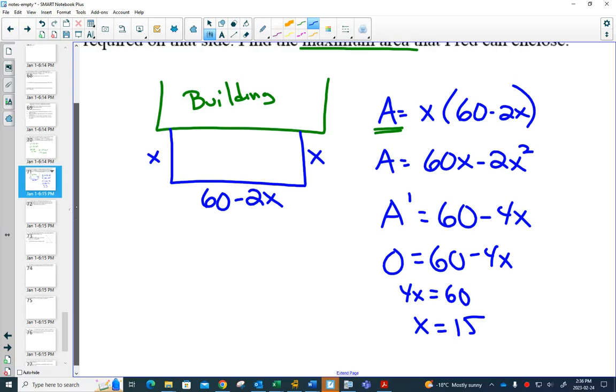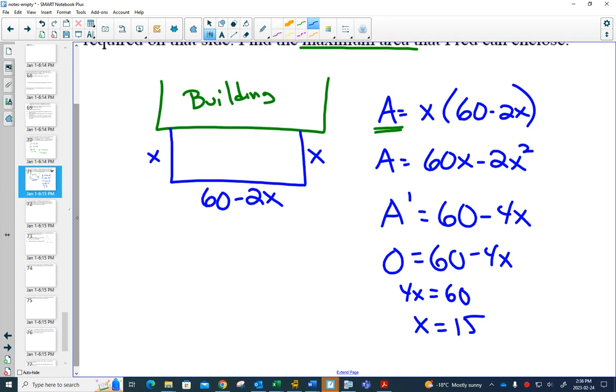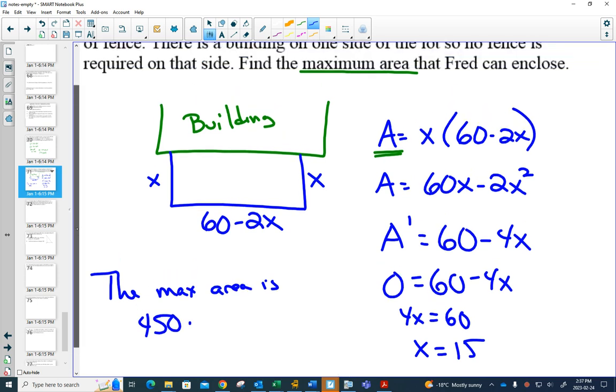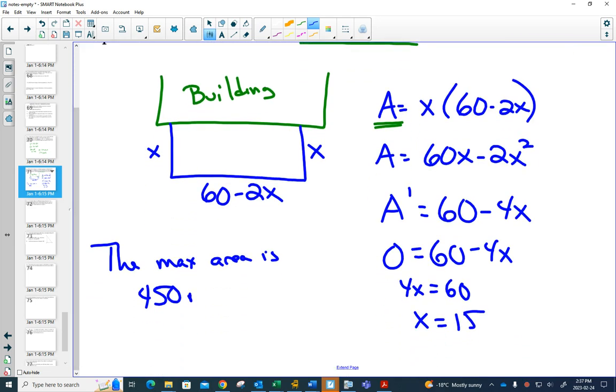Reread the question. What are they asking for? They're asking for the maximum area. Well, that's 15. This side will be 30. 15 times 30 meters. I don't know how big of a parking lot that is.